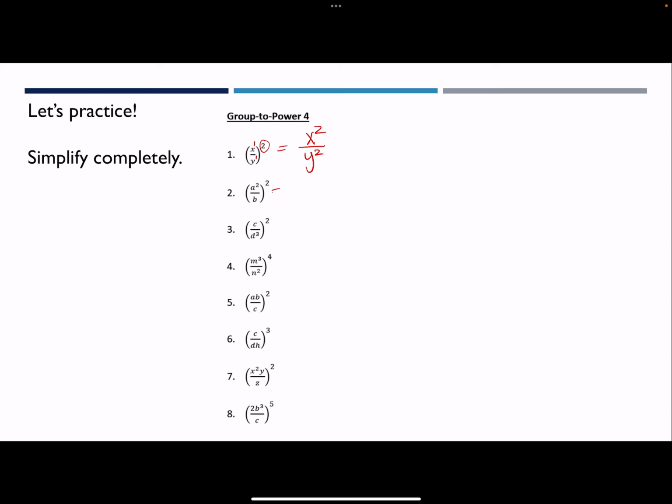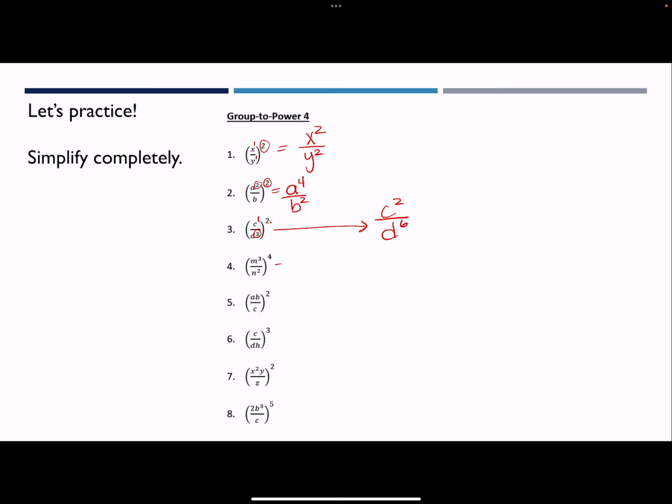So number 2, multiplying the exponents, a to the 4 over b squared. I'm going to kind of run out of room here, so I'm going to put number 3 over here, but this would be c squared over d to the 6th, because this is a 1. 1 times 2 is 2, and the d to the third, 3 times 2 is 6.